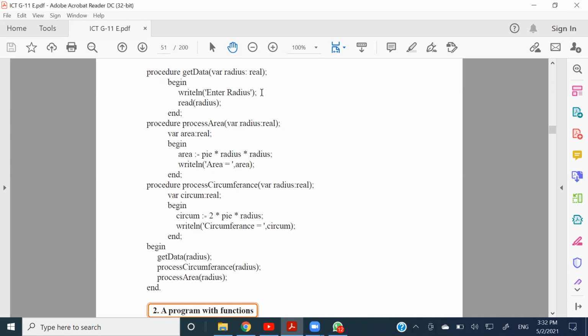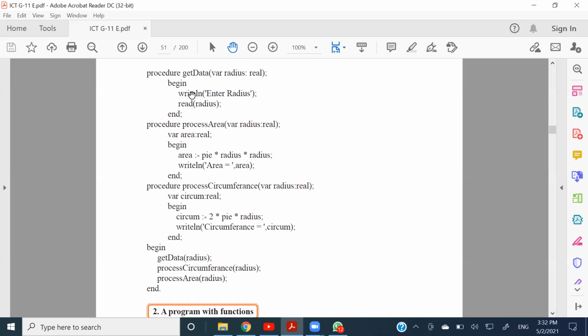Very good. That's correct. It is there to take some value from the user. For that, they display enter radius on the screen using writeln. Then once the user has given some value, it is read into the radius variable, or assigned into the radius variable. Then it ends.